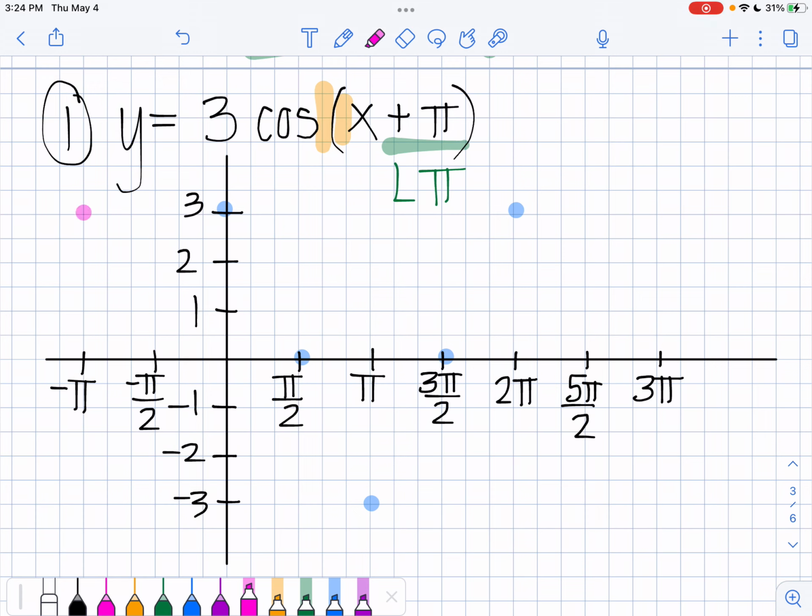There's a point. 1, 2, 3, 4, 5, 6. There's a point. There we go. 1, 2, 3, 4, 5, 6. And 1, 2, 3, 4, 5, 6. Okay, now I've done all of those things. Now I can connect my final graph. And there is one period of y equals 3 cosine x plus pi.